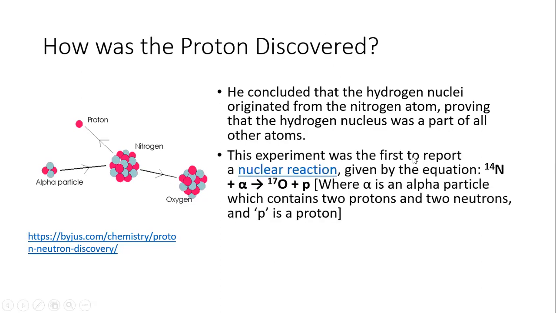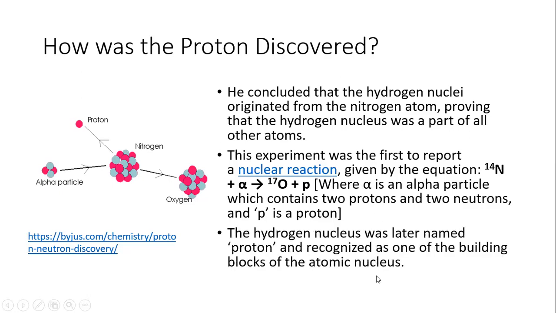So that is his experiment. The experiment was the first reported nuclear reaction. This is called nuclear reaction, right? Where the nucleus has changed. There's the original nucleus, there's the final nucleus, there's a product that's emitted, right? There's the equation. We will write out the equation later on.